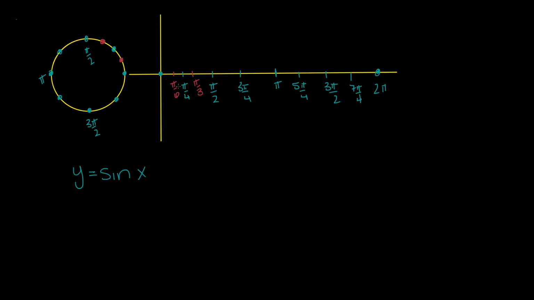Then we have 2 pi over 3, gravitating towards 3 pi over 4, and we have 5 pi over 6. Again, I'm just getting these from the unit circle.